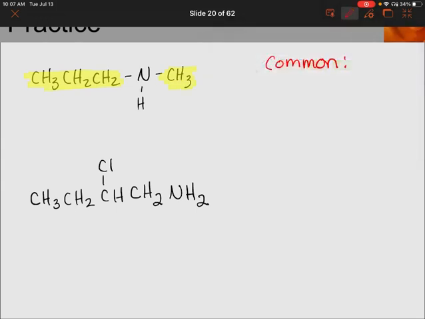So as alkyl groups, we would call these propyl and methyl. Okay. Then we want to list them in alphabetical order. So what would come first, propyl or methyl? Methyl. So we would just write methylpropylamine.